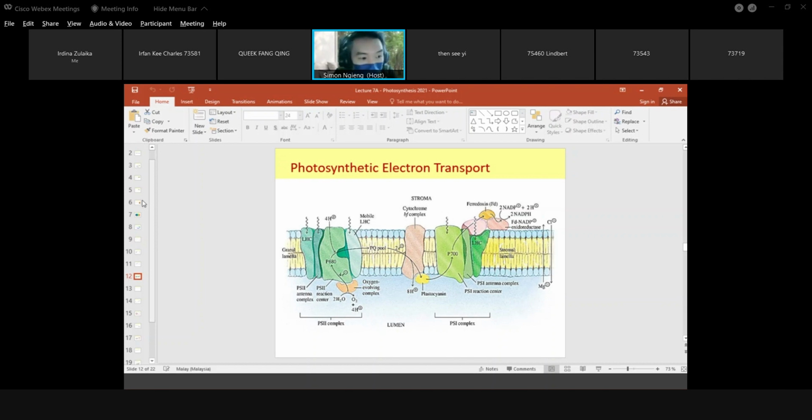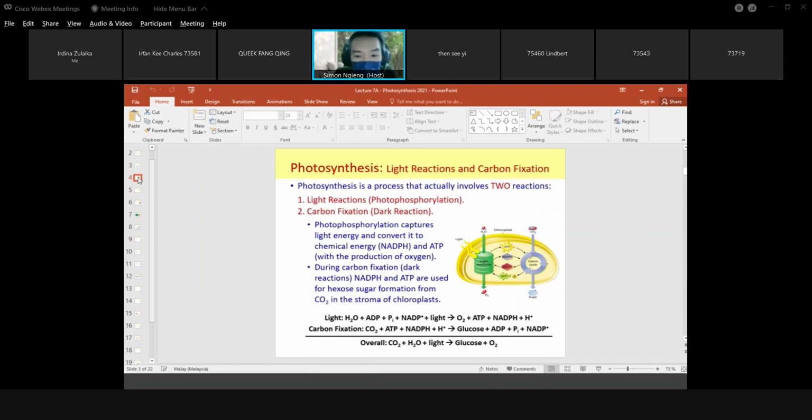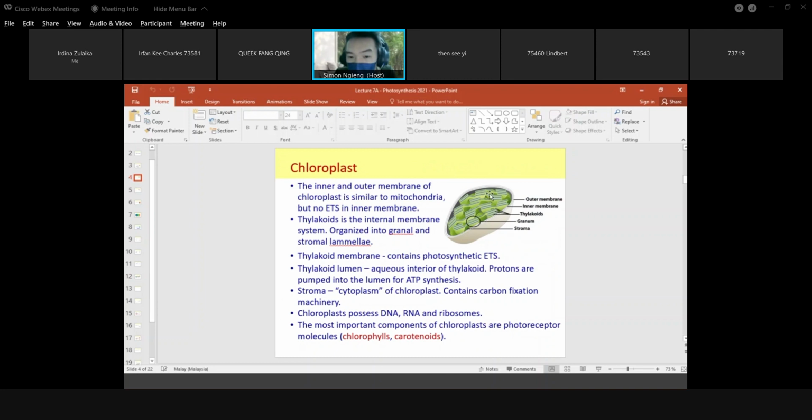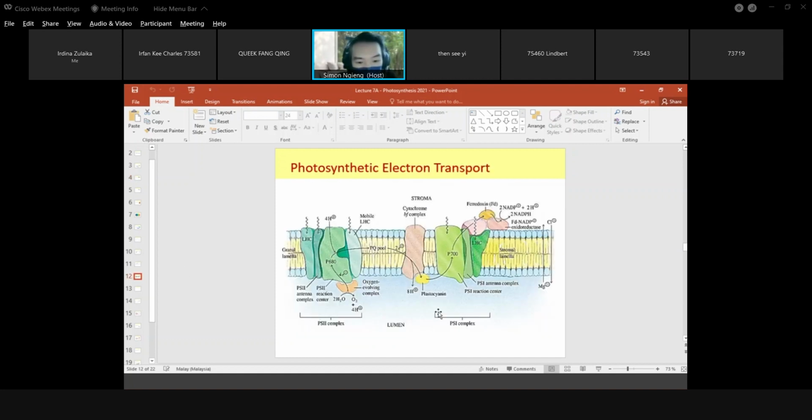That is why I told you just now that it is important that you know at which part the reaction takes place. Stroma is the one outside, lumen is the one inside. The dark line that you see here is like a sandwich, and the lumen is the one inside.